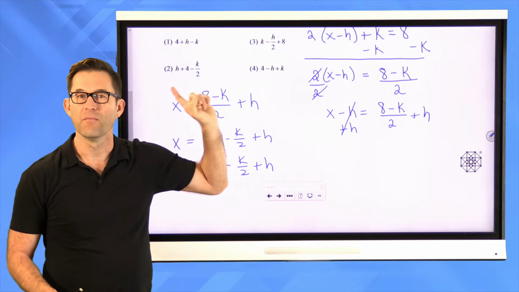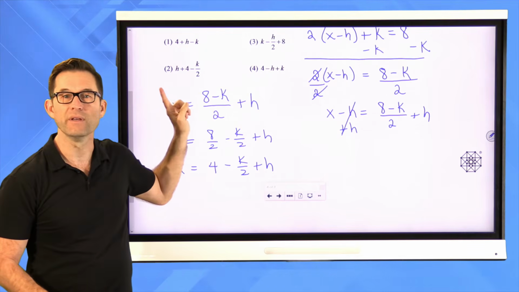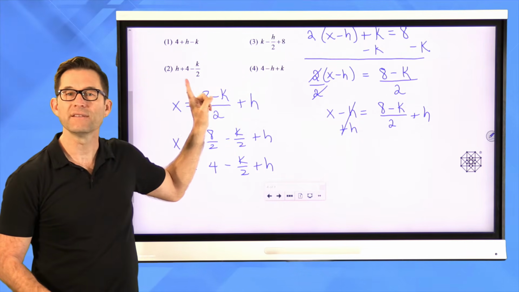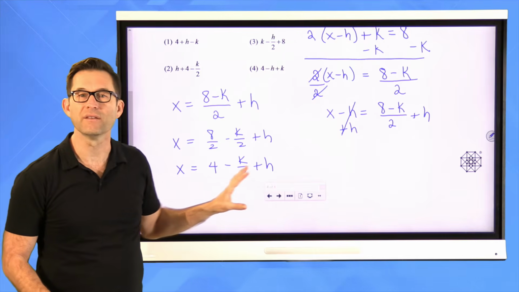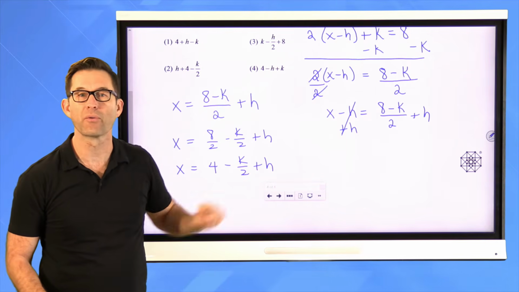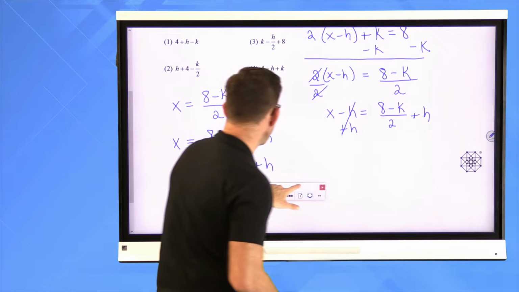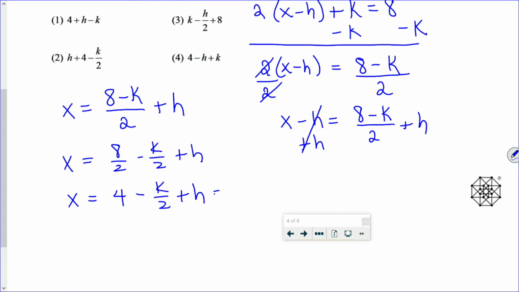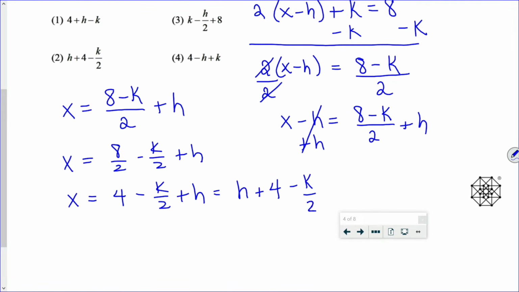The one that it's actually equal to is choice 2, and it's equal to choice 2 because I can use the commutative property of addition to swing this 4 plus h around to let that h be at the beginning and eventually have h plus 4 minus k divided by 2.